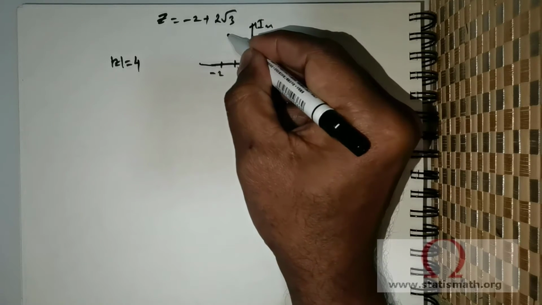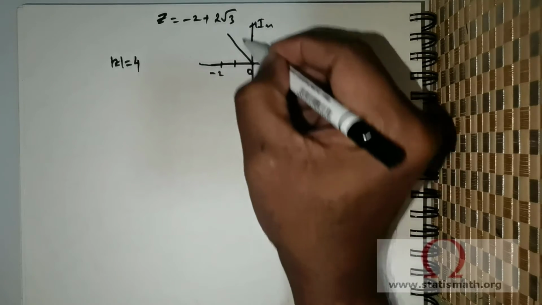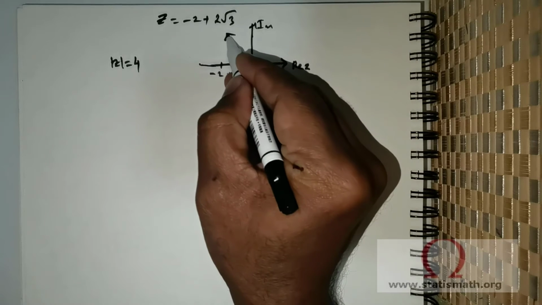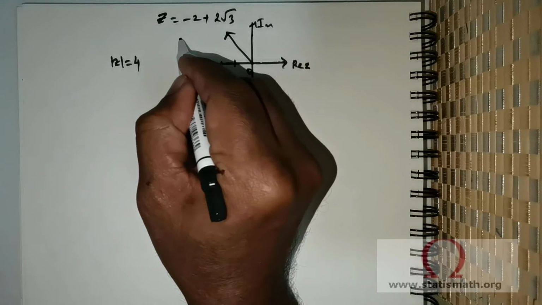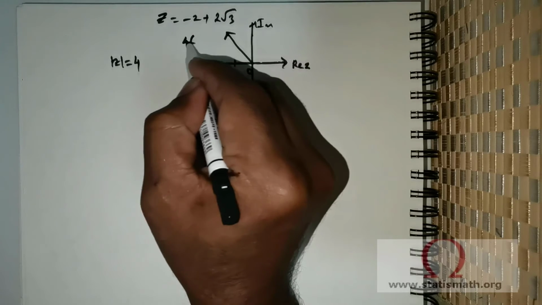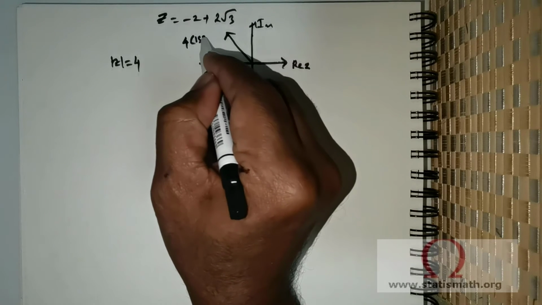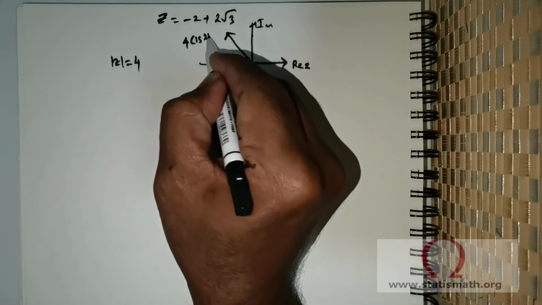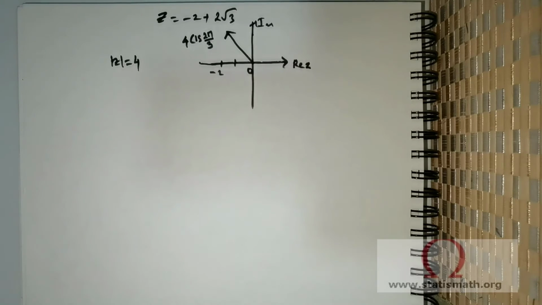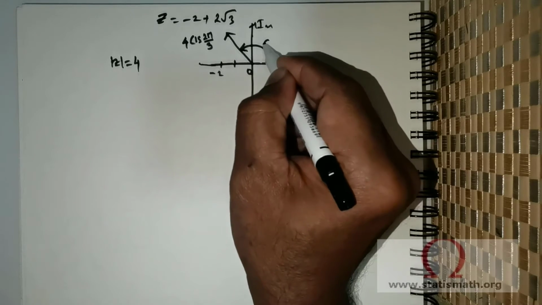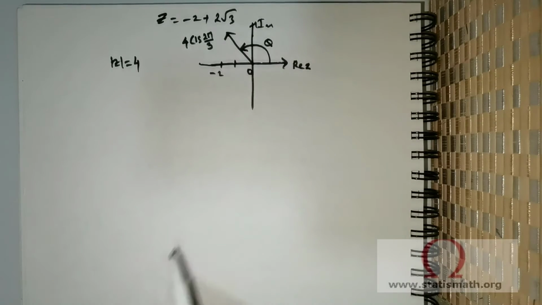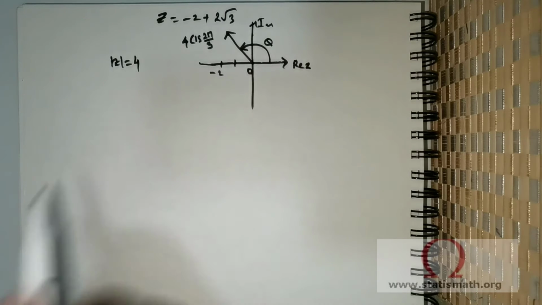So take up 4 units from the origin, and that would be somewhere over there, and you can represent the complex number in this fashion: 4 times cis of 2 pi over 3. So the theta would be stretching from this end, and that completes the solution for this particular question.